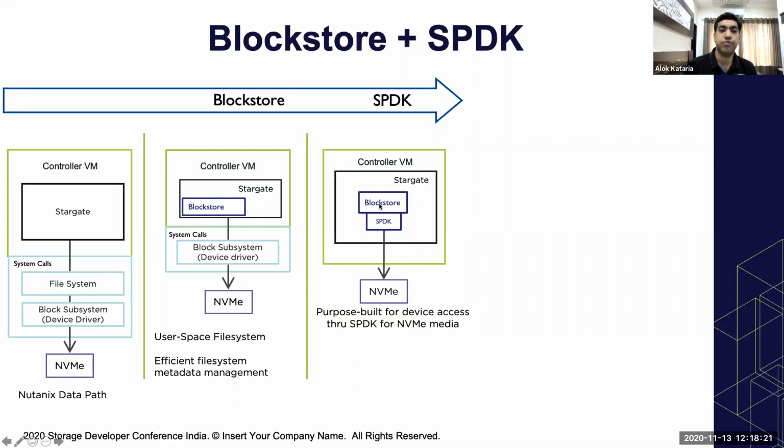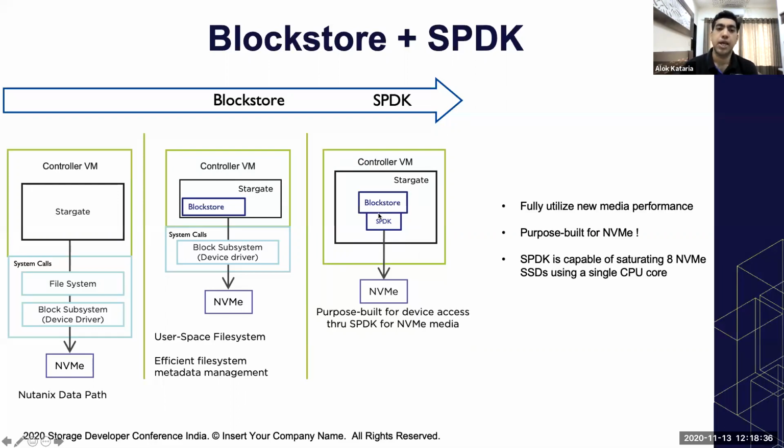With the combination of both Blockstore and SPDK, we have managed to get rid of any context switches, or we have gotten rid of the kernel completely in the data path in the controller VM, making our software a lot more leaner. SPDK in itself is capable of saturating 8 NVMEs from a single CPU core. So that allows us to add as many local storage media on the particular device and not be bottlenecked because of the user space components.